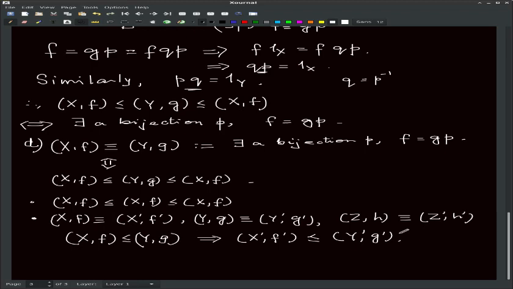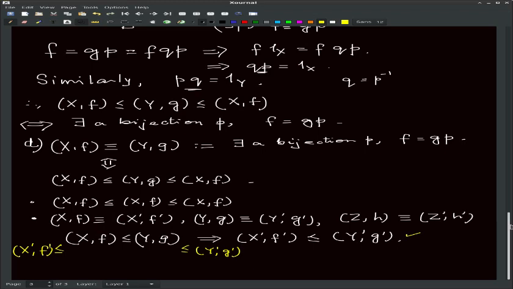You will just use transitivity and this definition, because this definition tells you that you can plug in x prime f prime here, and you can plug in y prime g prime here, right? Correct? Yes, Doc. Then this is just transitivity, which is saying that this is happening. Okay?